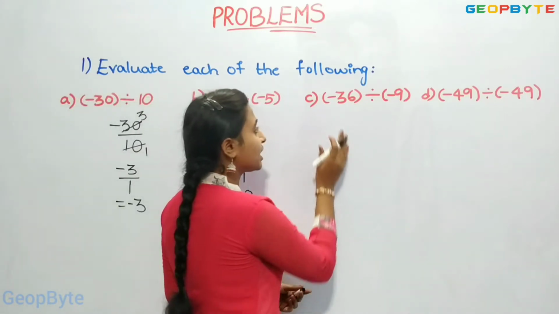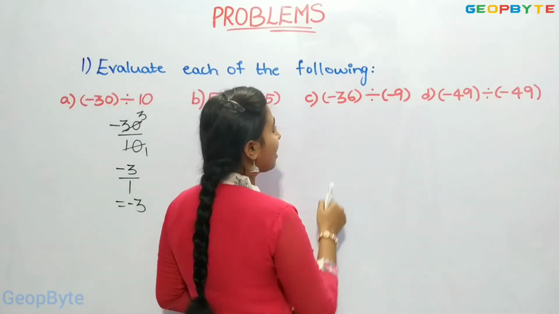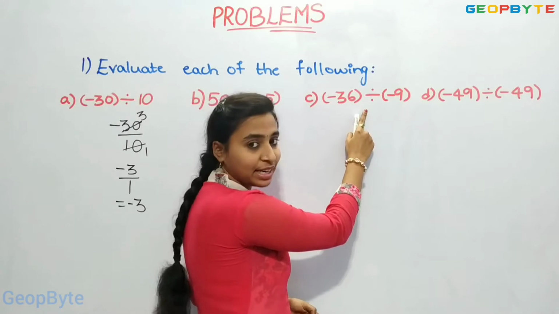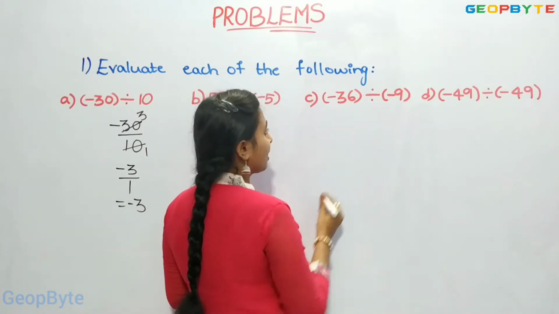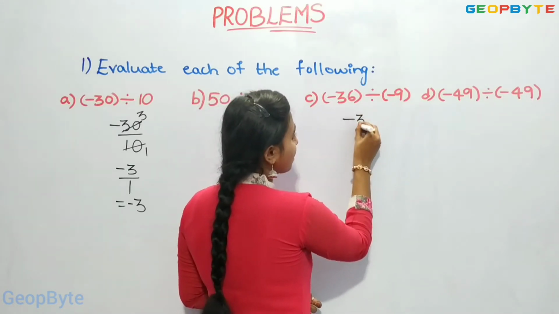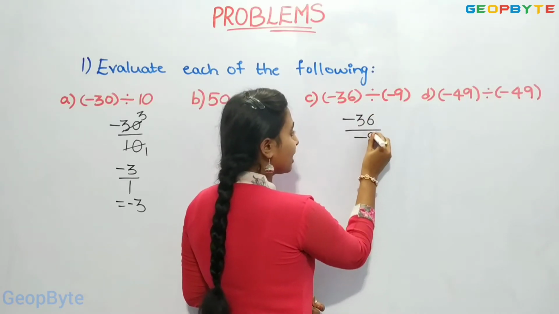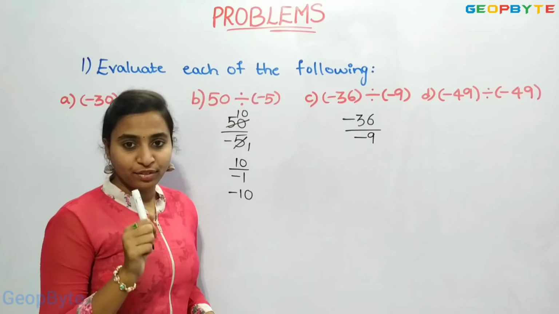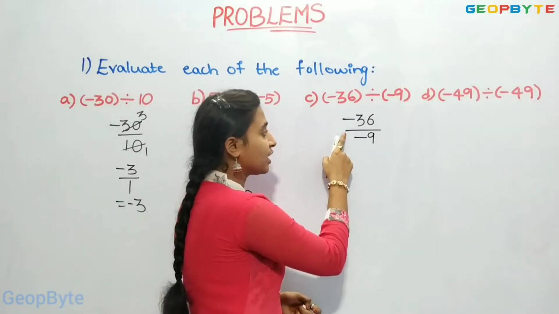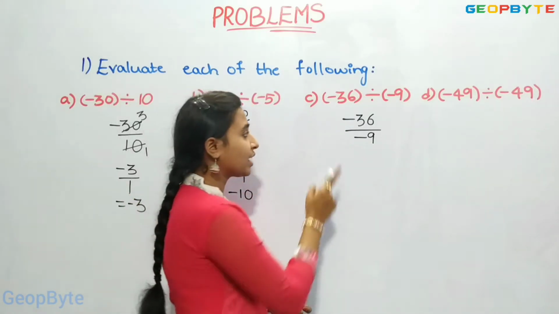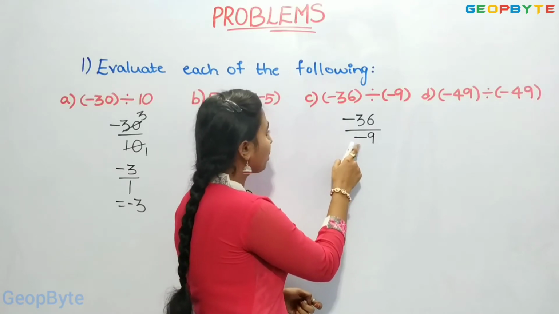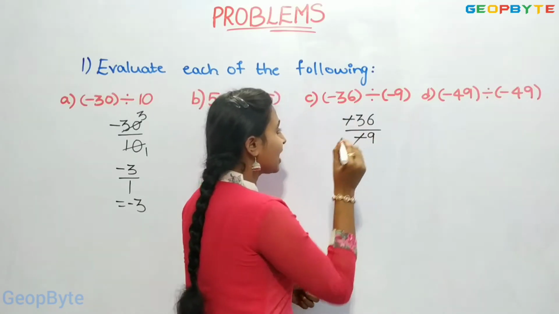Now, if you see C bit, we have minus 36 divided by minus 9. We can write this as minus 36 by minus 9. If you see, in division, when there is a minus sign in the numerator and denominator, they both get cancelled.